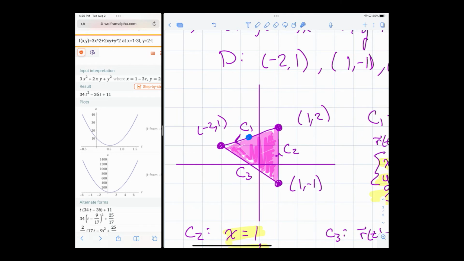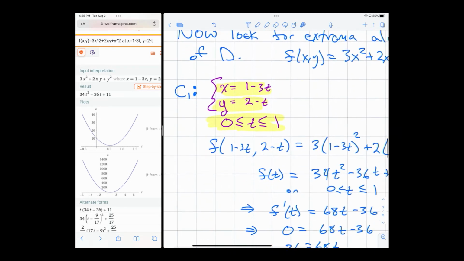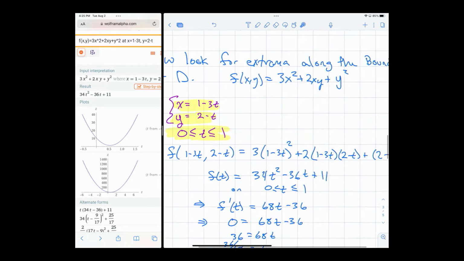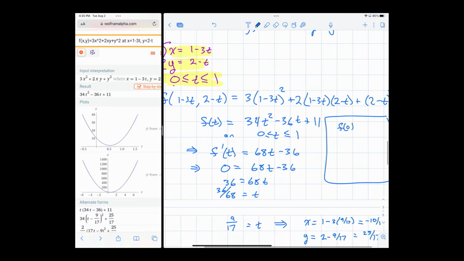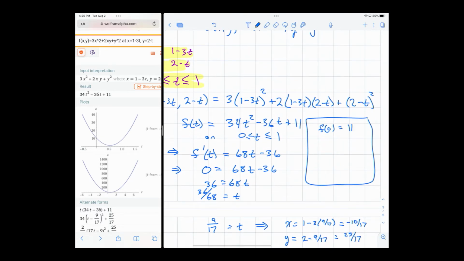Now, I can evaluate the function at each of these points very easily, this point and this point, just by using t values. I can take this function and easily evaluate f of 0 and get, I guess, 11, right?